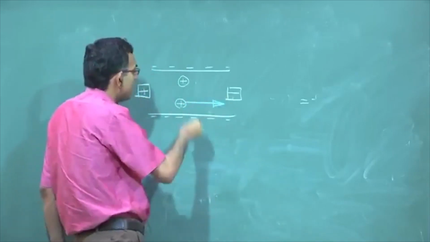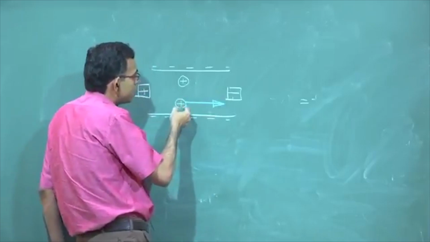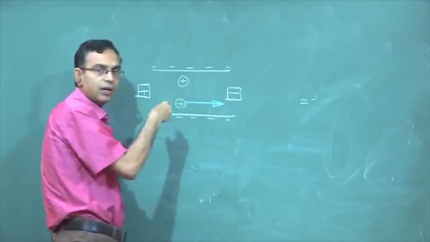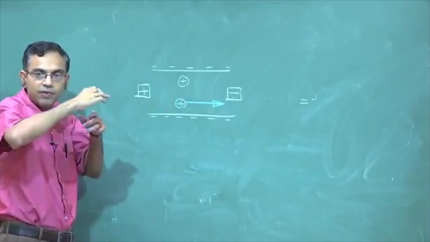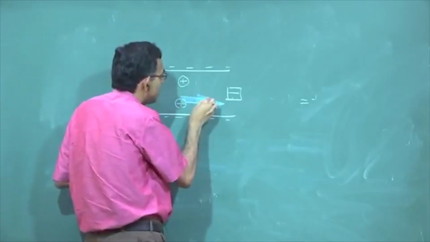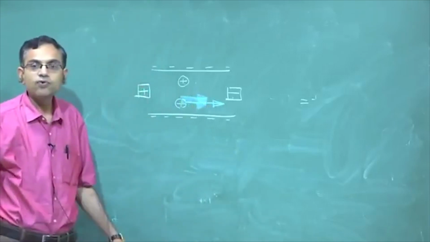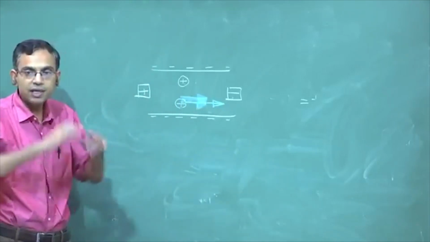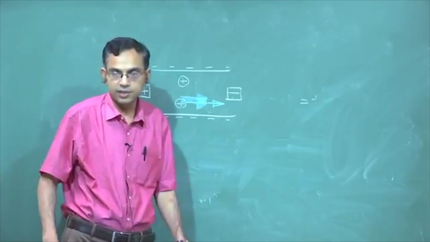These ions are not alone, right, they are hydrated by water. Because of the viscous interaction between the ion and the water, water will also be dragged in this direction, and that is how a flow will be created. So this is the physics of electroosmosis.